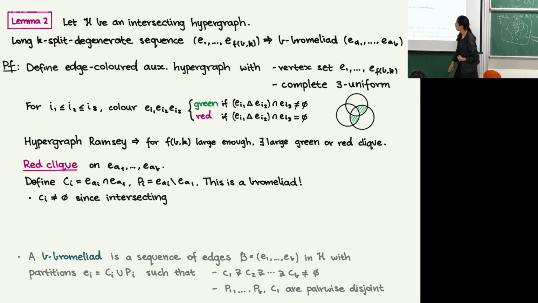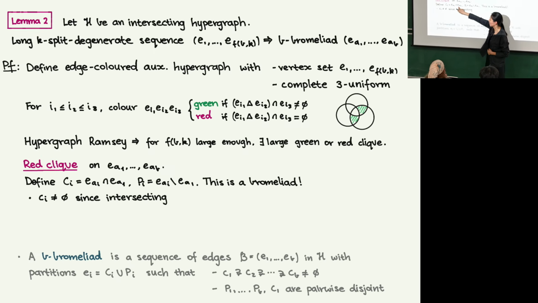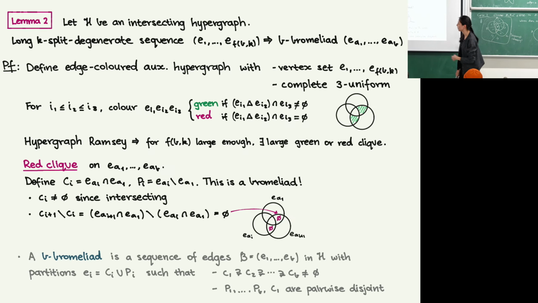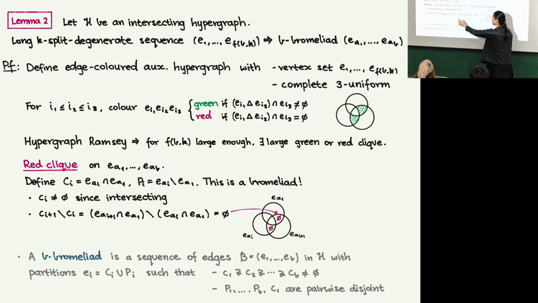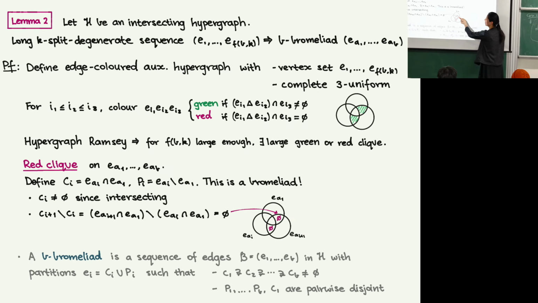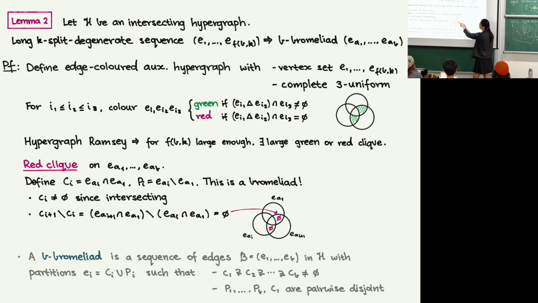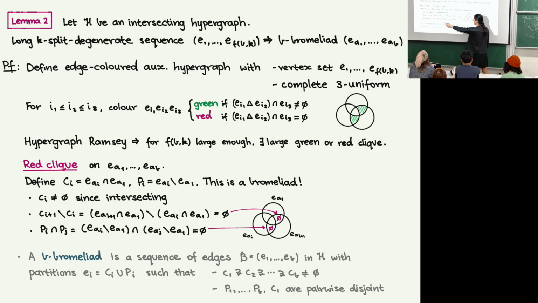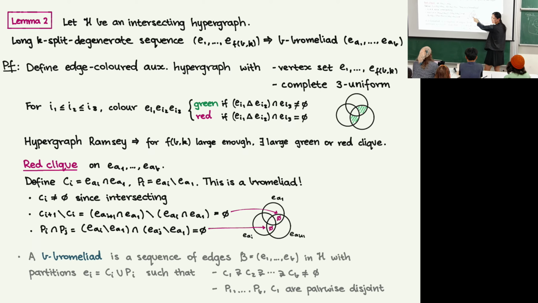So the core sets are non-empty because it's an intersecting hypergraph. I won't check this properly, but the cores are nested just by expanding this and noting that the set it refers to is this one. And since it's a red clique, we know that this is empty, so that's good. Similarly, the petals are disjoint because this set is empty.